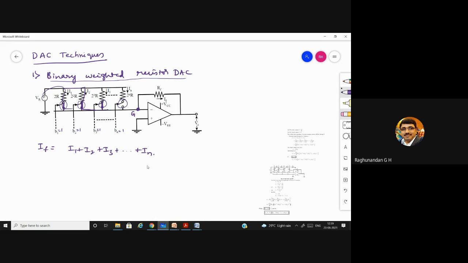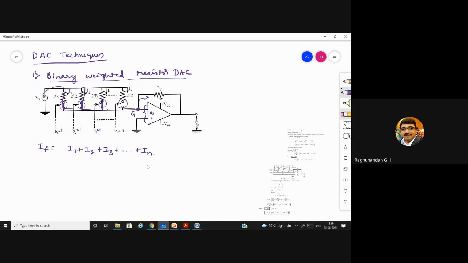IN. Since we know that the input impedance is considered to be infinite or maximum, no current will flow here. According to Kirchhoff's current law, the current entering is equal to the current leaving. So all the currents which are coming at this point will be equal to the current which is leaving through the feedback resistor.